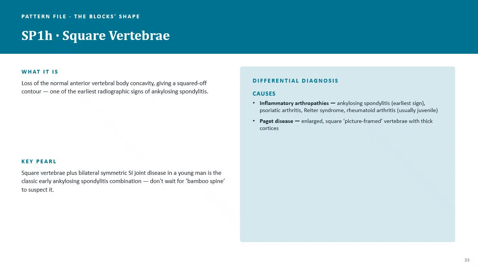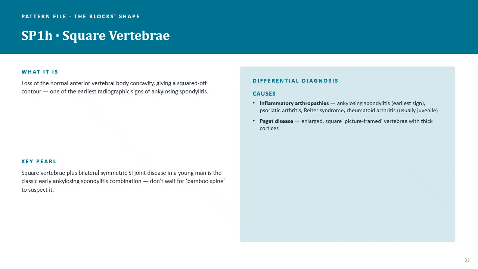There are some other inflammatory arthritic conditions, including psoriatic arthritis and reactive arthritis. They can also cause this vertebral squaring, and we can also see this squared appearance in patients that have Paget's disease. But with Paget's disease, the vertebrae is also usually enlarged and thickened, having those dense picture frame type borders that we talked about earlier.